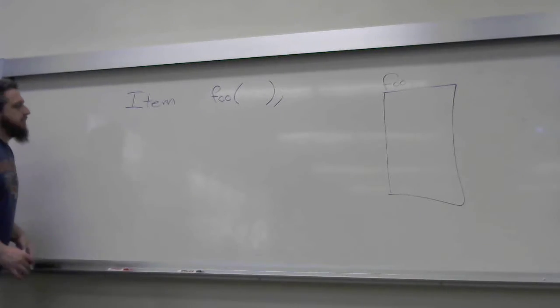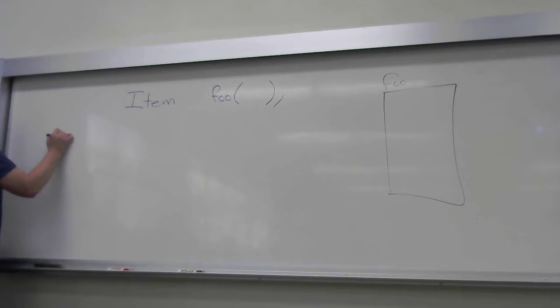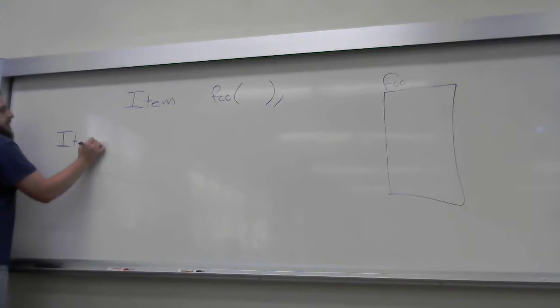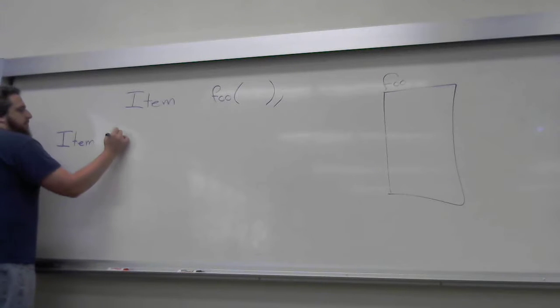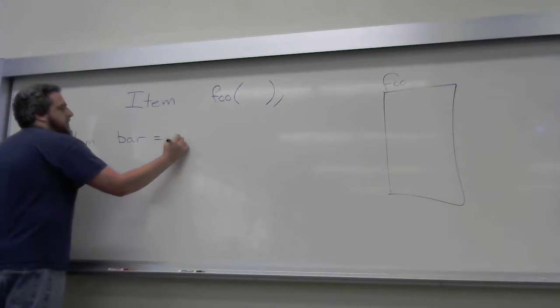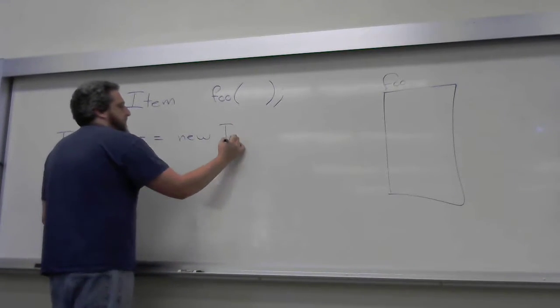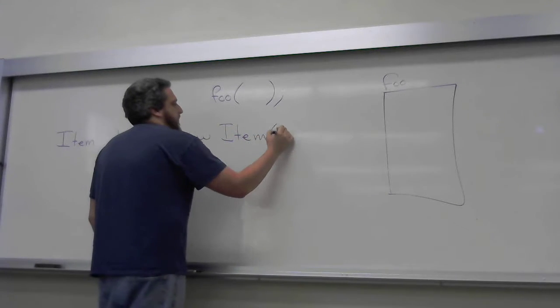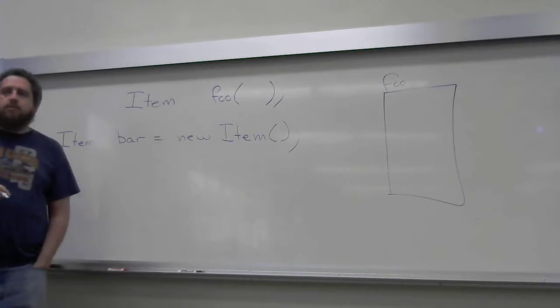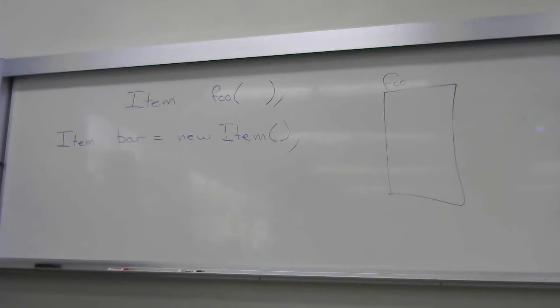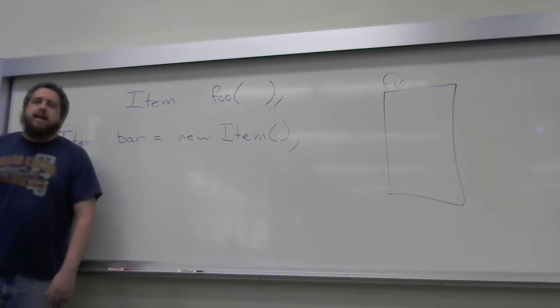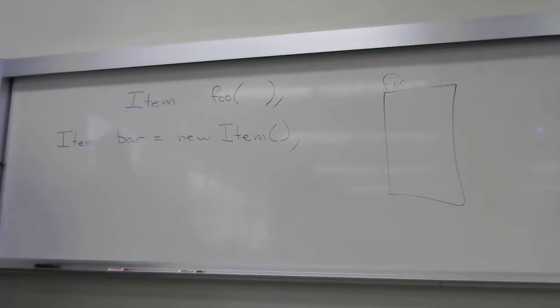In Java, when we would do something similar, I would have to do something like this. Item bar equals new Item, like so. When I say new, where am I allocating memory? On the heap.